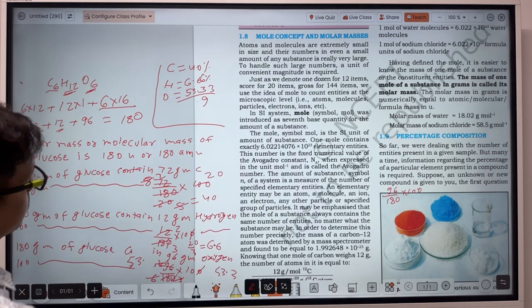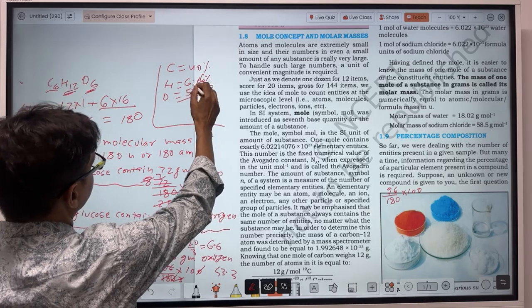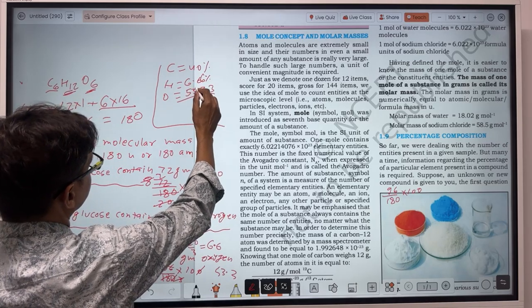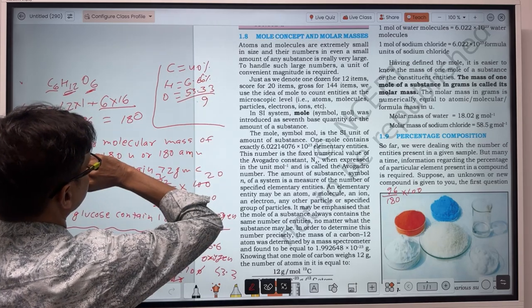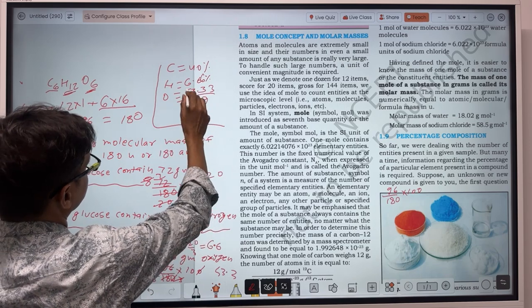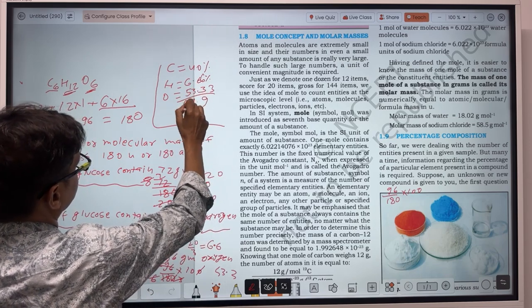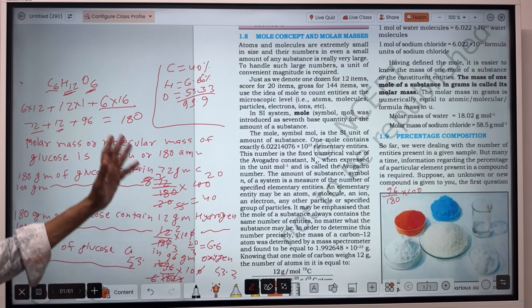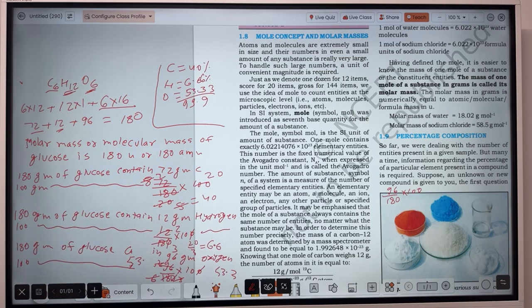So add this one here, 53.33 and this one, 99.9. So that means the calculation is done correctly.